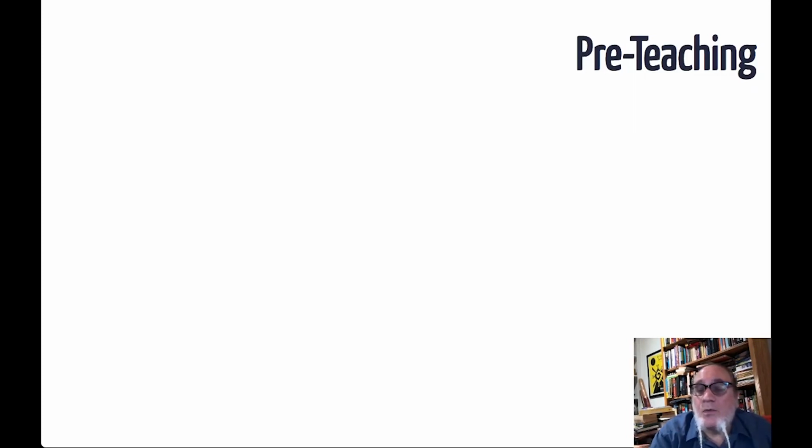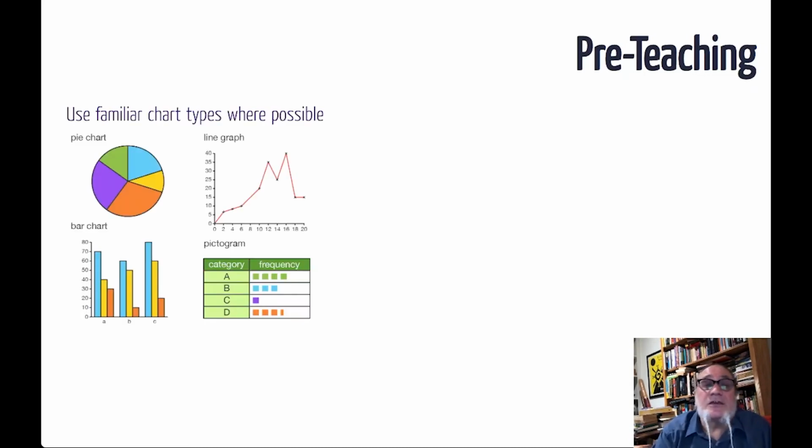So the lesson we can apply to data visualizations is use familiar chart types wherever possible. That way, if somebody's familiar with the chart type, all they need to do is interpret it to get the data out. You're not putting a block between them and the data. They can more quickly get at that data.